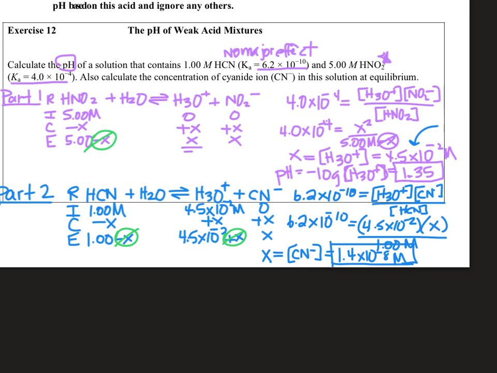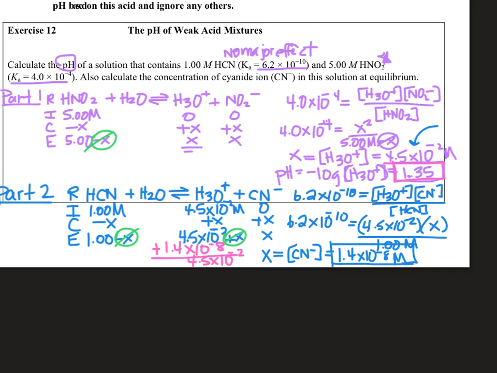So that's where the whole scenario of my pH is not going to appreciably change, because if I take this and add 1.4 times 10 to the negative 8 to it, I essentially still have 4.5 times 10 to the negative 2.